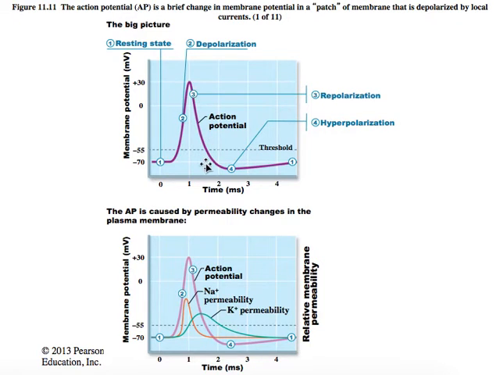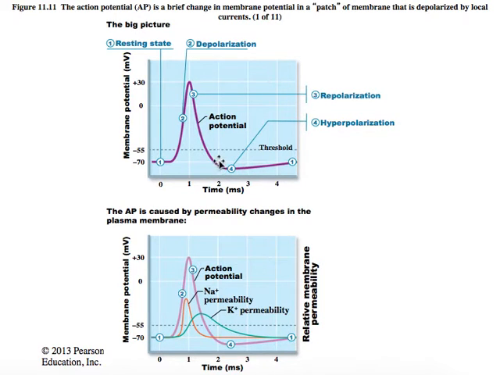What happens during the repolarization stage is that sodium channels are closing and potassium channels begin to open. As a result, potassium rushes out of the cell, and since it's a positively charged ion, that actually subtracts from the positivity inside of the cell and makes the inside of the cell more negative. And so the inside of the cell repolarizes back downward.